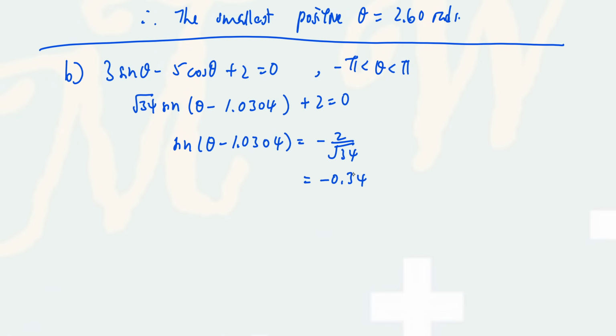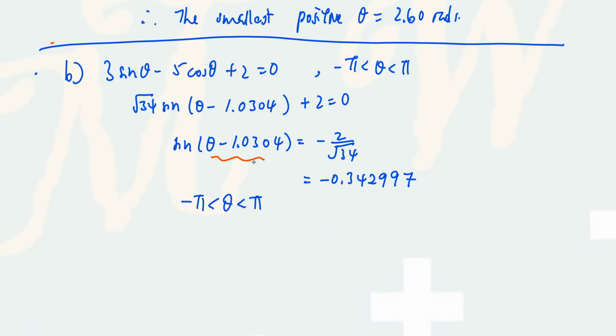Now here it's not recommended to give 3 significant figures because this is just the working, so I will give more. If I look at the fourth significant figure, that is 9, then the next one is also 9, then 7, so I give more here. Now your theta is between minus pi and pi. That means I need to find out the new interval for this angle.